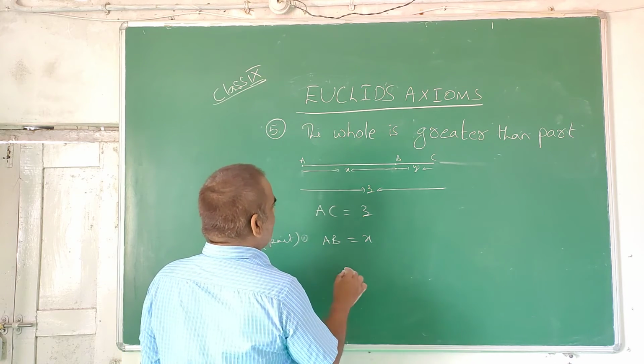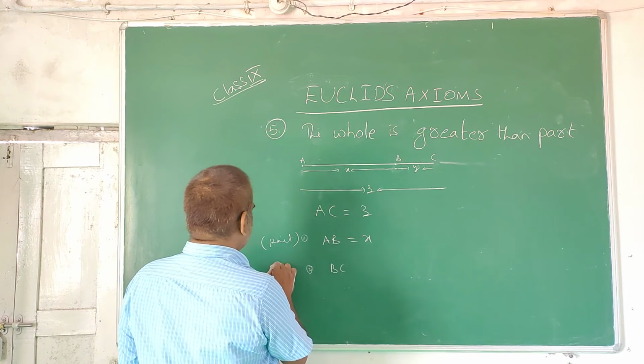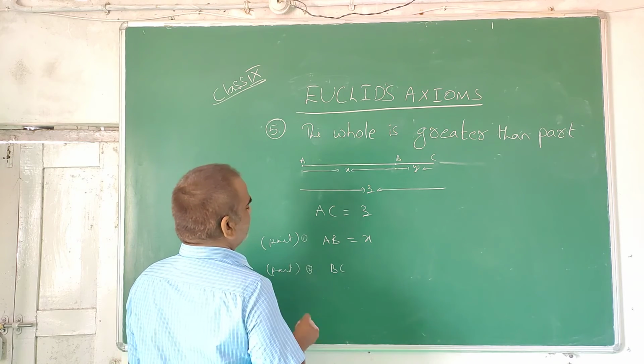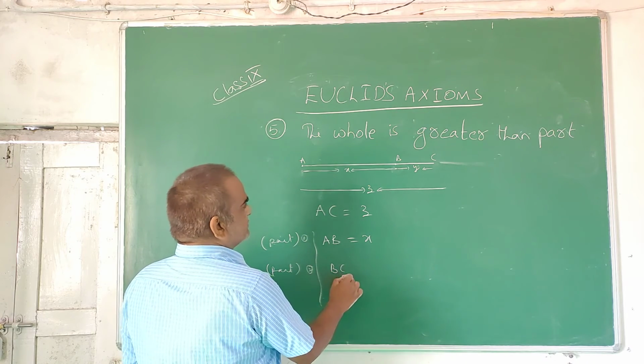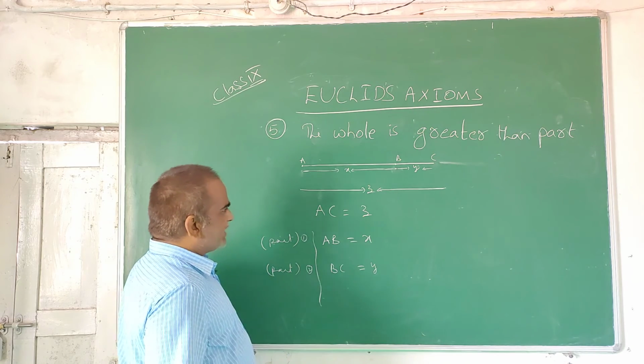The second part of the line segment is BC, part 2. I took BC such that BC is equal to Y.